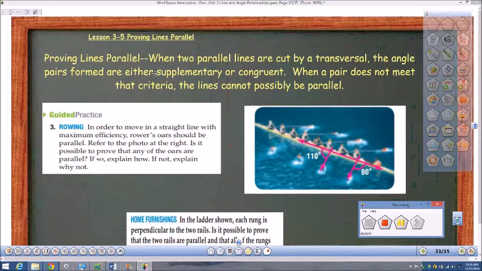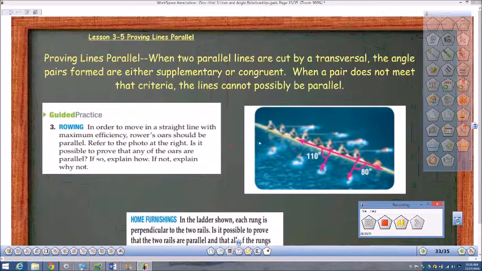This statement just says that when two parallel lines are cut by a transversal, the angle pairs formed are either supplementary or congruent. We've talked about this, and we said that this is the really cool thing about parallel lines and transversals, is either they equal 180 or they're perfectly equal. And that's the really neat thing that makes these easy, you just have to know which one is which. But when a pair does not meet this criteria, the lines cannot possibly be parallel.